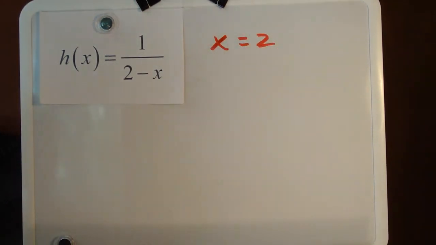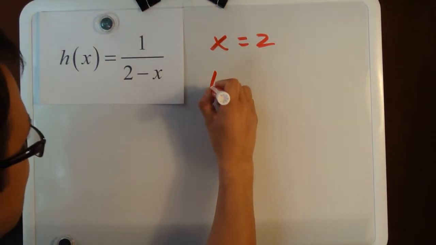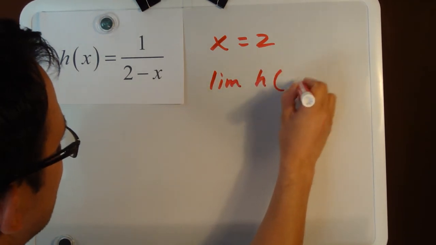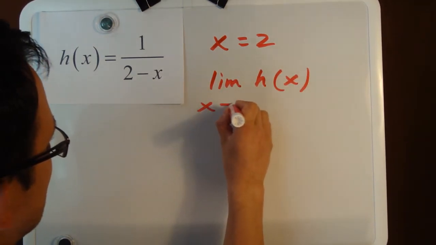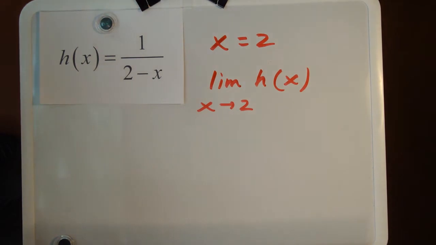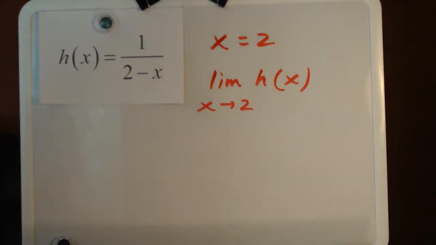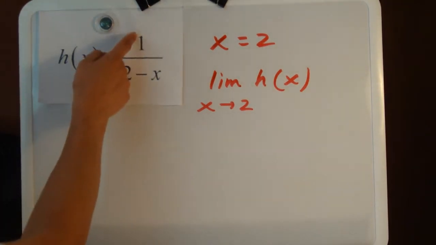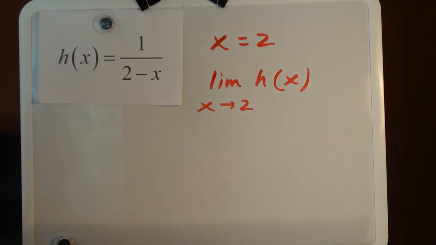So a big part of looking at this problem is examining what is really going on, right, when x is equal to 2. And we can try to answer this question, right? What is the limit of the function as x approaches 2? So notice you can't insert 2 into the function as you get division by 0. So you have 1 divided by 0, and that's not something that you can really compute.